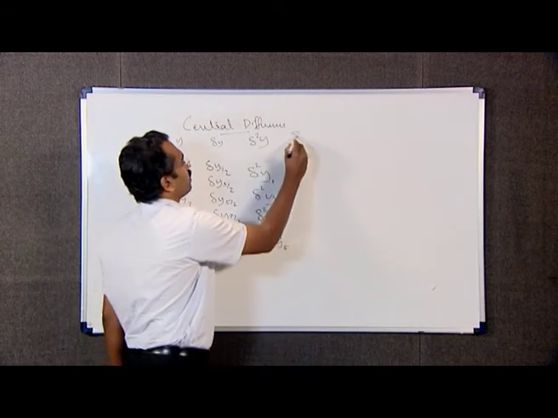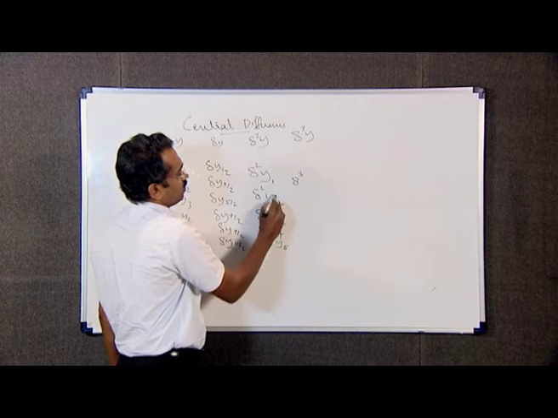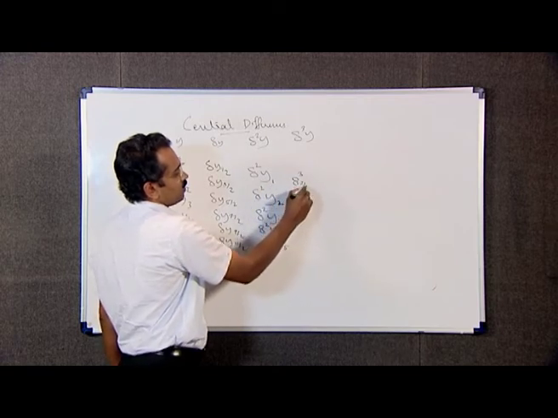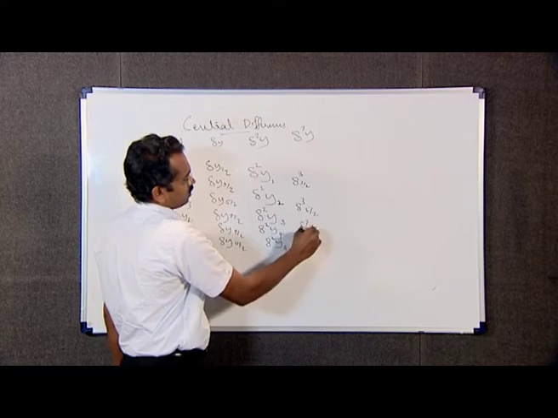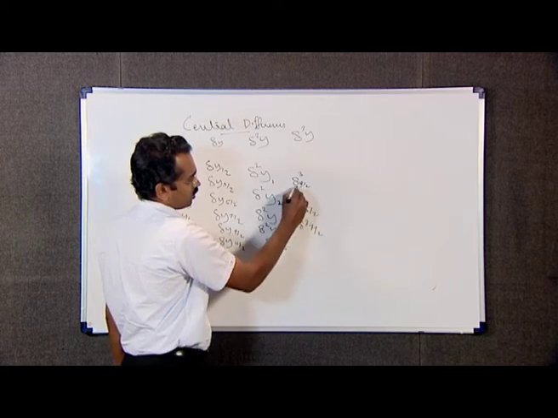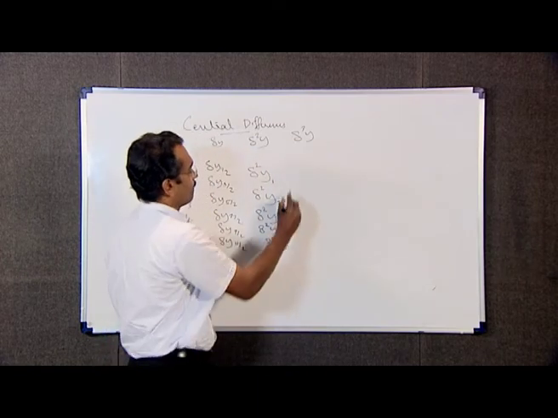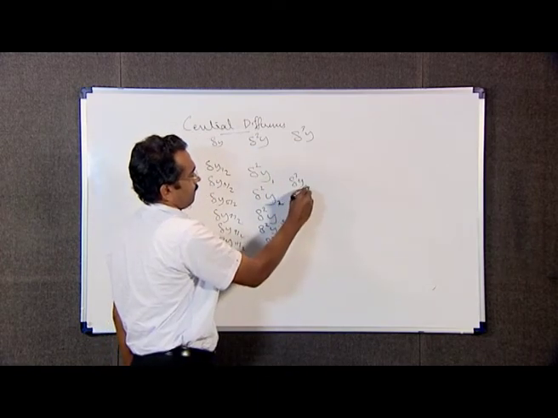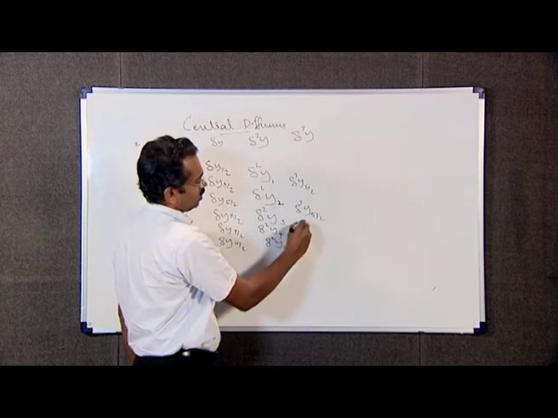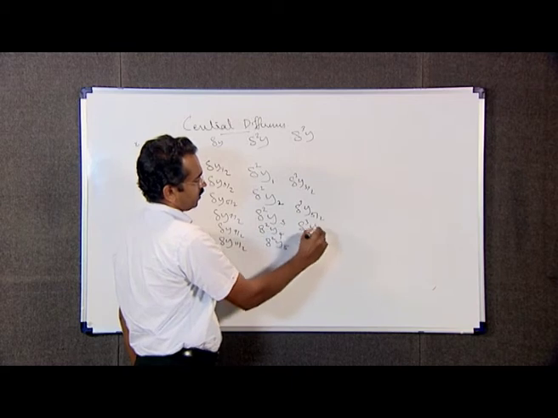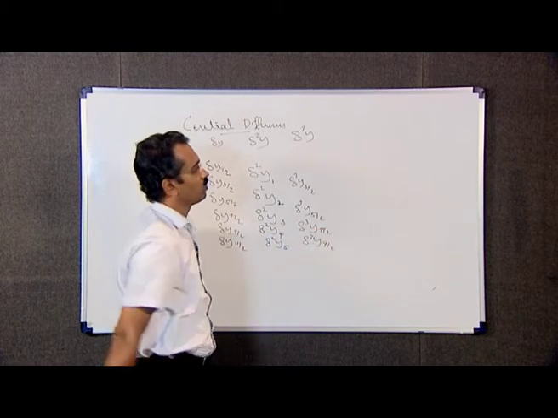The third differences are delta cube: 2 plus 1 is 3, 3 by 2, delta cube y 3 by 2, delta cube y 5 by 2, delta cube y 7 by 2, delta cube y 9 by 2 and so on.